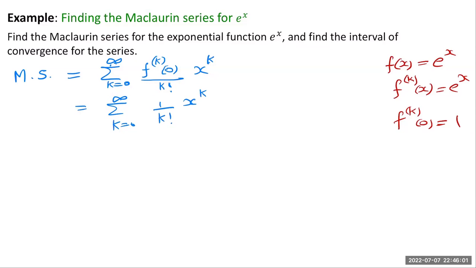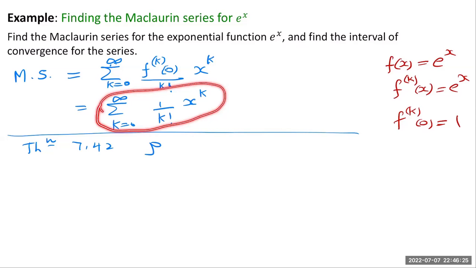Now we are asked to find the interval of convergence for the Maclaurin series for e to the power x. For that, we are going to use theorem 7.42. That means we are going to calculate rho. To find the interval of convergence for this series, we calculate rho.